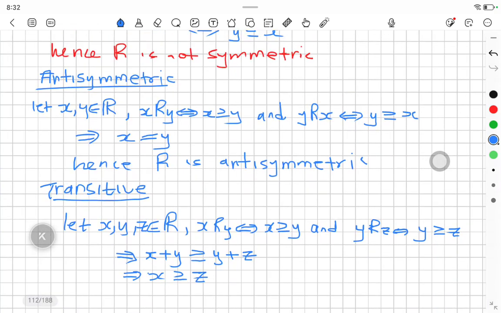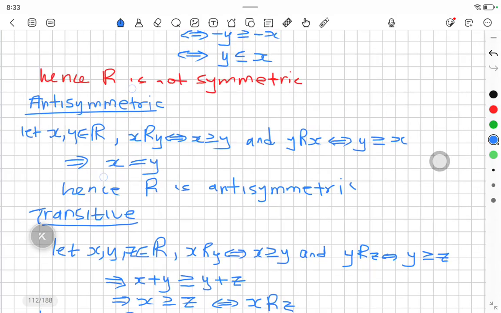And this will occur if and only if x is related to z. You see, right? Hence, R is transitive. We say, right, hence R is transitive.